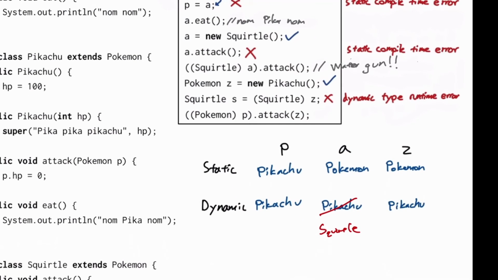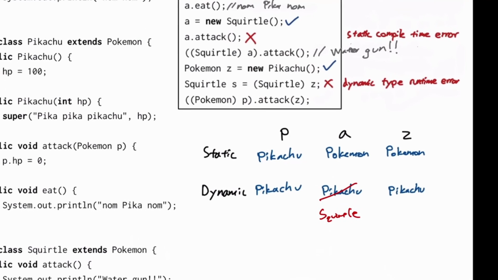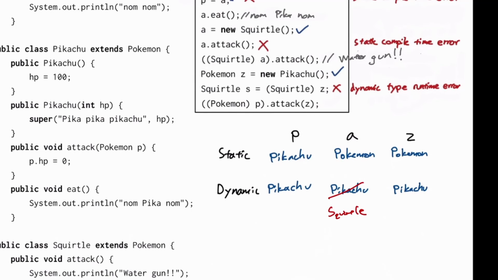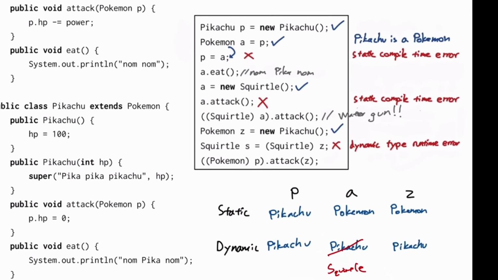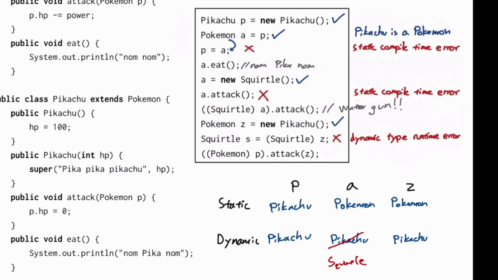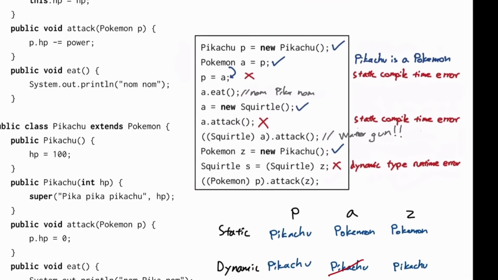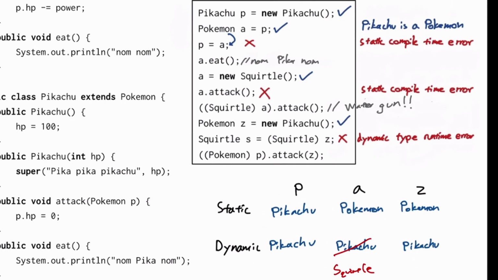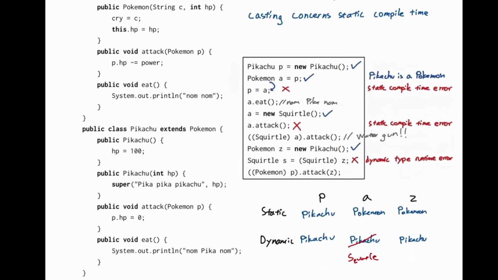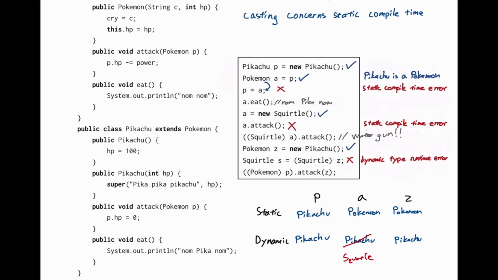This is really important because the static types and dynamic types are different, and they both play their own roles. Finally, looking at this last line, we take the variable p of static type Pikachu, and we upcast it to type Pokemon, which is allowed, again, because Pikachu is a subclass of Pokemon. When the compiler looks at this, it will try to find a method that matches the signature, where z is a variable of static type Pokemon.